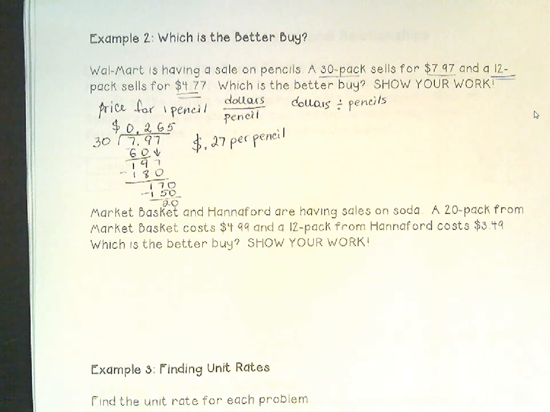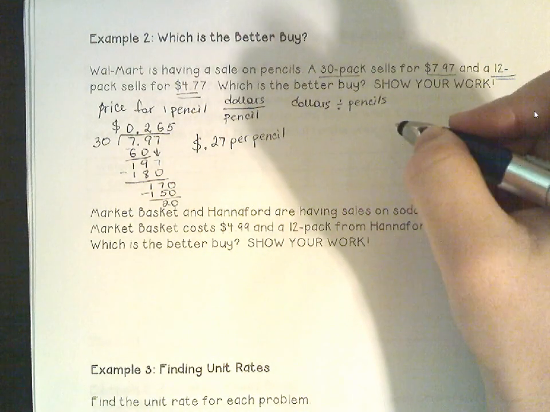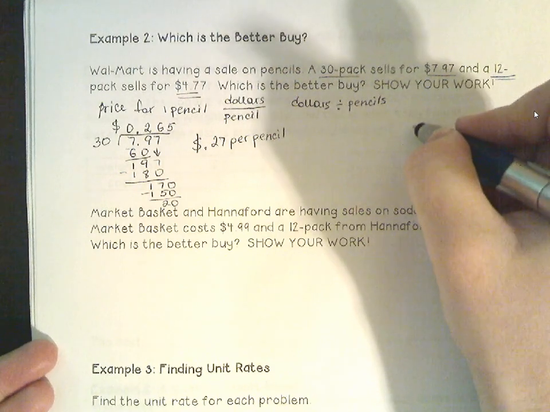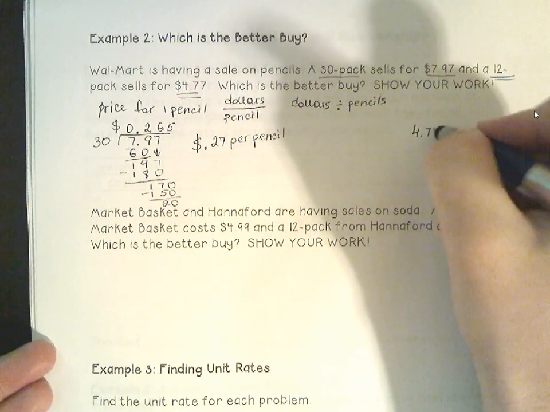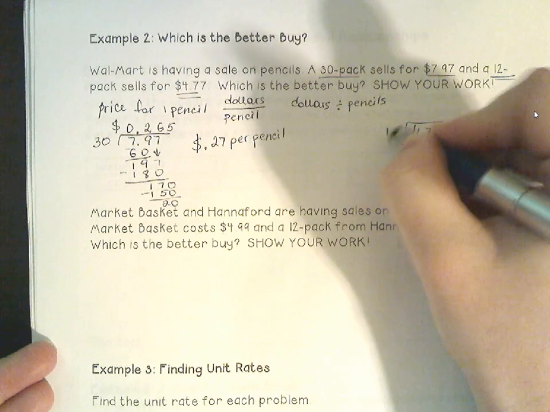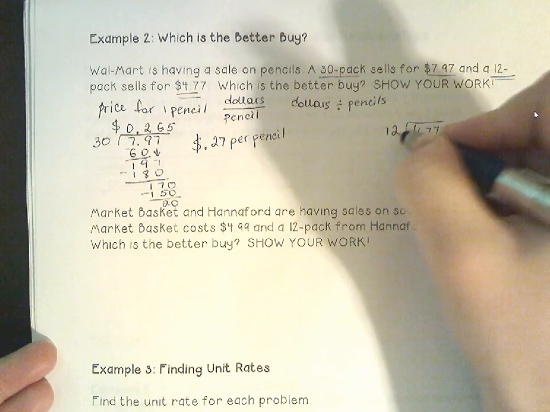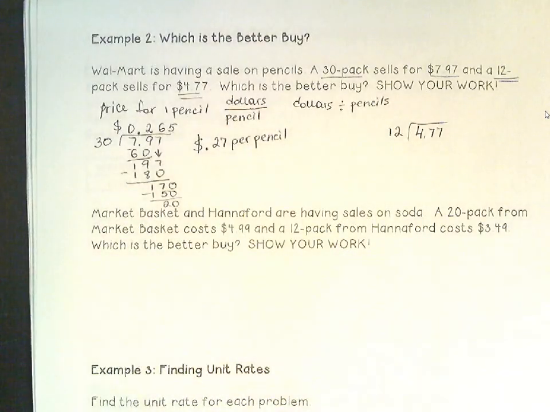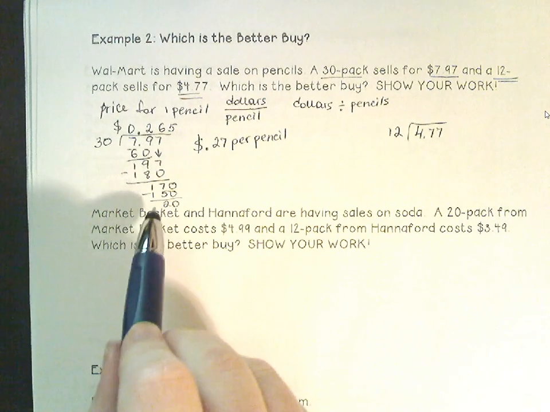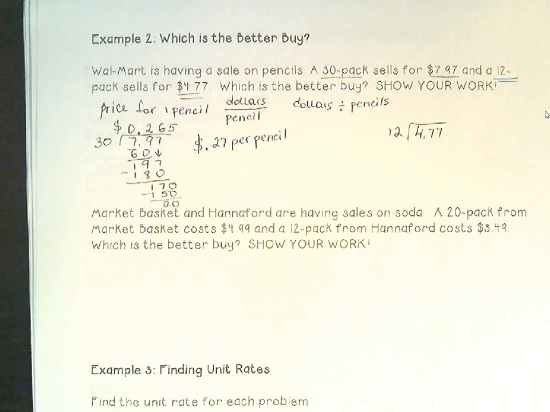Now let's take a look at $4.77 for 12 pencils. So $4.77, I'm going to divide by 12. I'm dividing the dollars by the pencils. I'm not going to go with the whole long division problem because of the time that we have here.